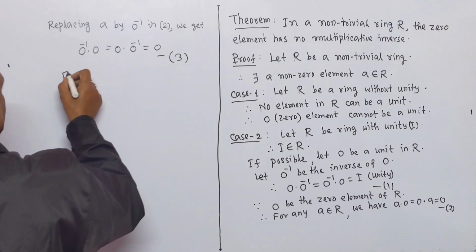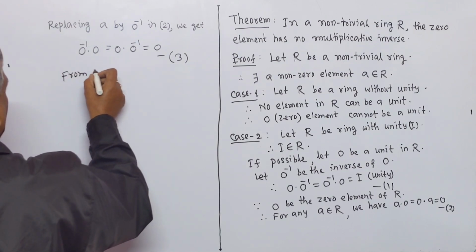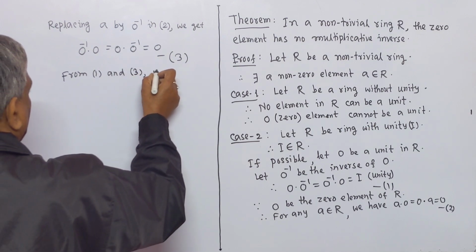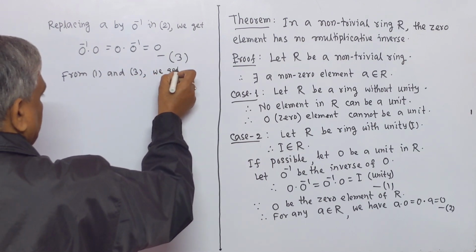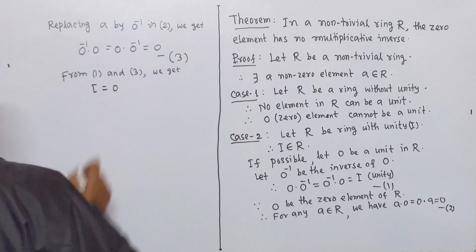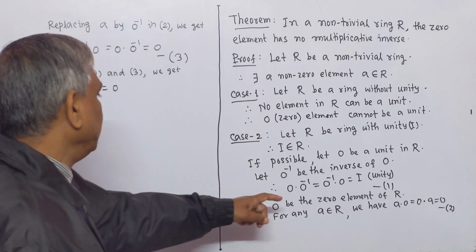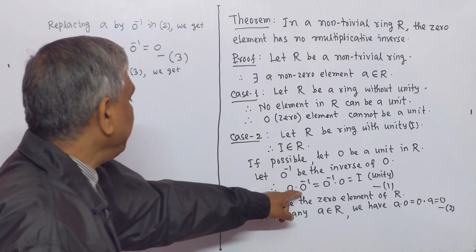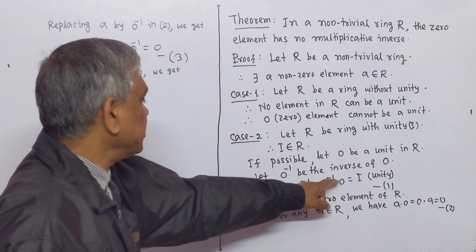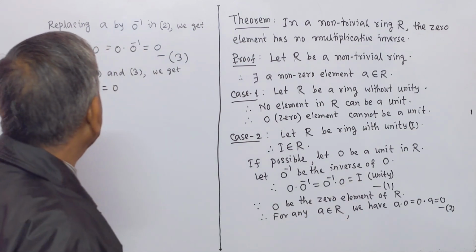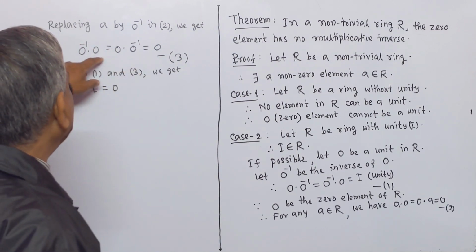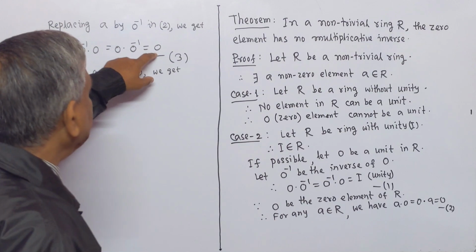From 1 and 3, we get I equal to 0, because in 1 we get 0 multiply 0 inverse equal to 0 inverse multiply 0 equal to unity, and in 3 the same thing, and right side is 0.